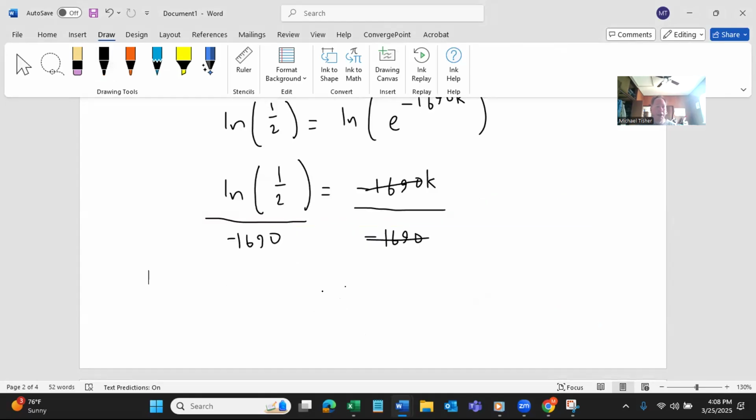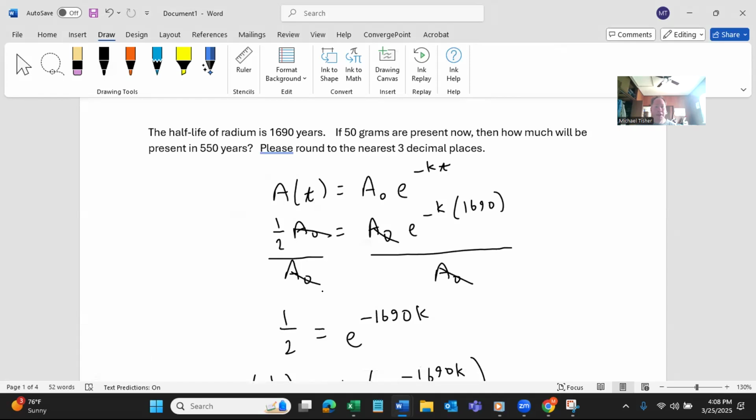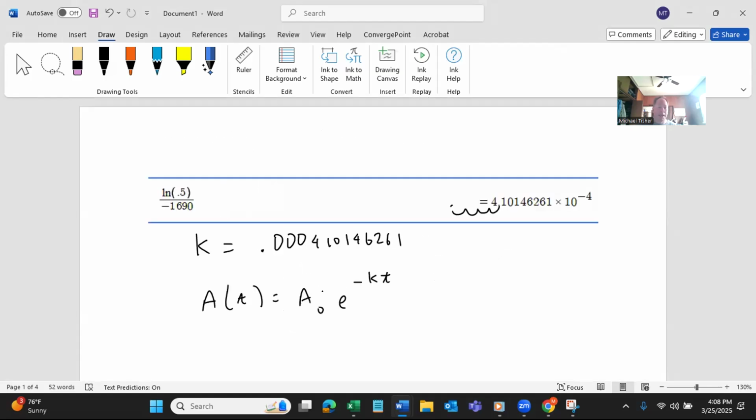We want to know how much will be present in 550 years. How much will be present is the A of t, and we're talking about a time of 550 years. So in this case, t is 550. Let's plug that in. A of 550 is equal to A sub 0, that's my initial amount.